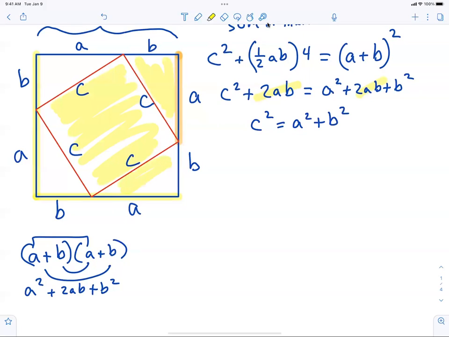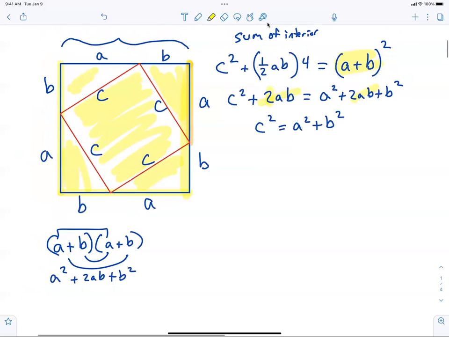And how many of them are there? And half of 4 is 2. And we expand A plus B because that's the outer square. A plus B is the length of this side of the big square. All right. So again, that's simple, simple, simple. Not a difficult thing to prove.